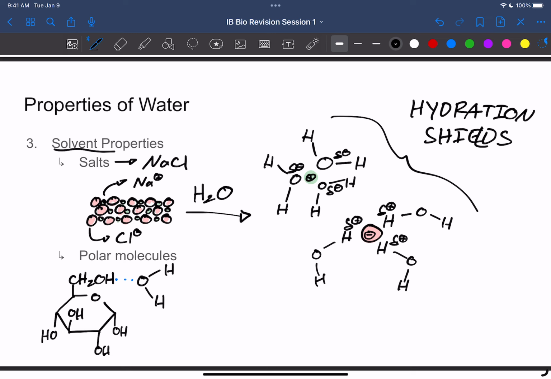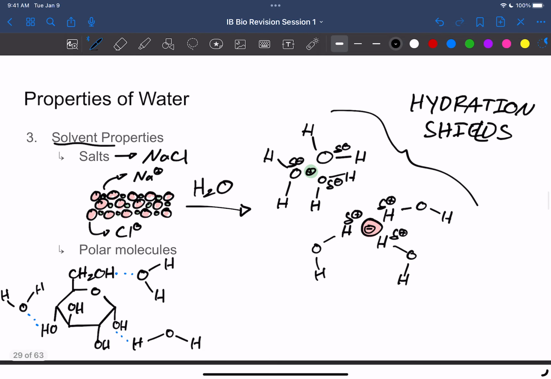Or the oxygen here can interact with the hydrogen on a water molecule. So all of these hydrogen bonding forces and polar interactions can cause this to associate very well in water.